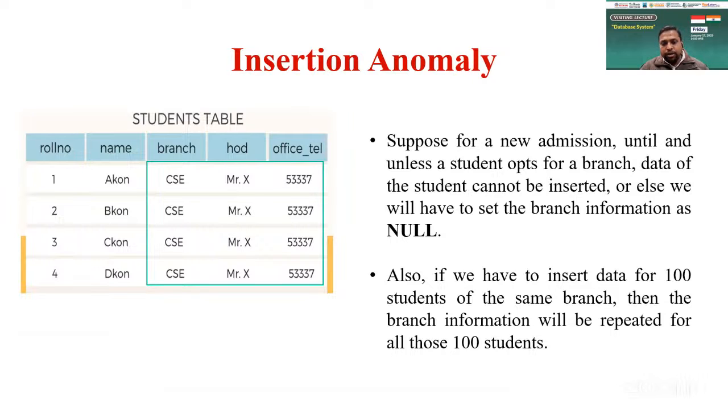And if a new student is taking admission and we don't know the branch yet, we cannot make the entry, or we have to make the entry as null, as all the rows must be completed. That's why we cannot store this.